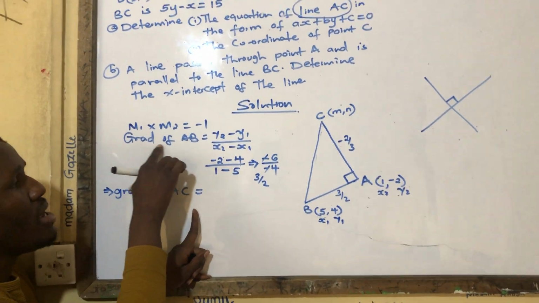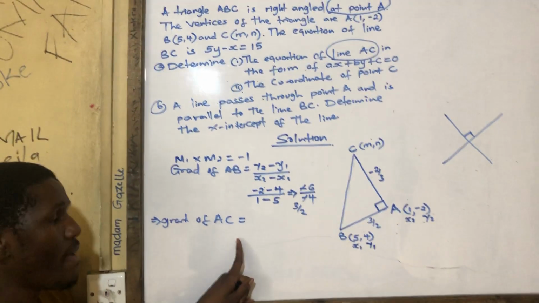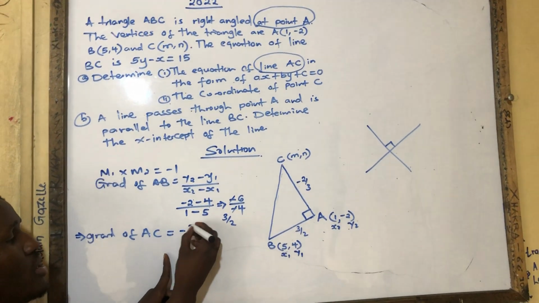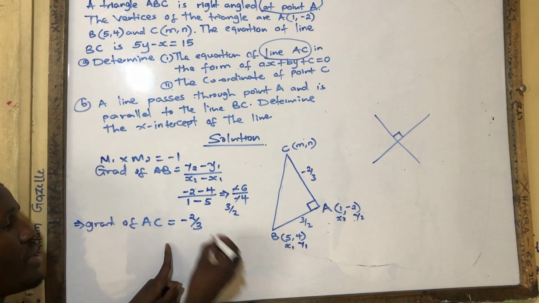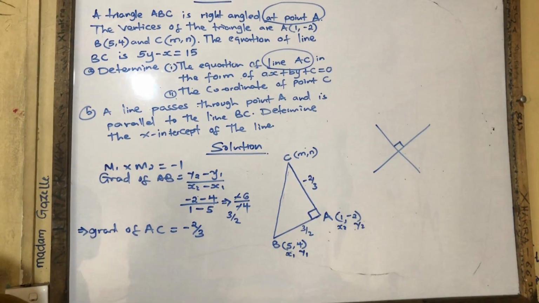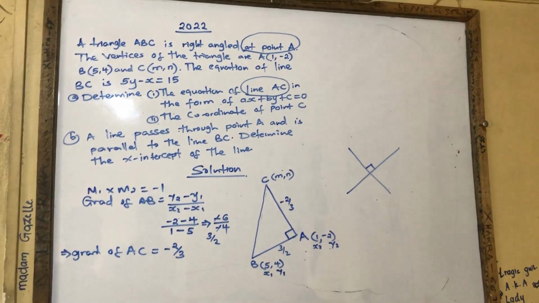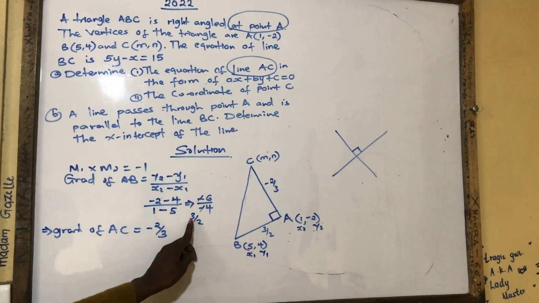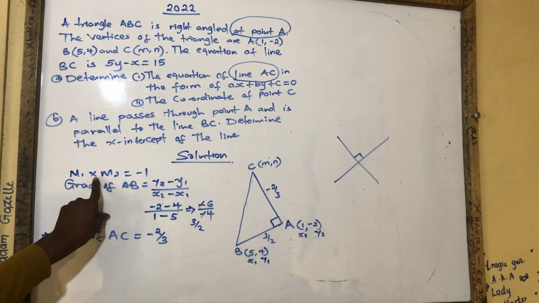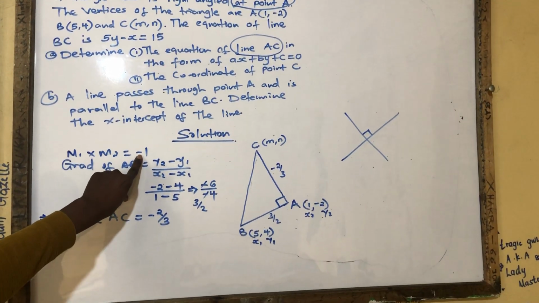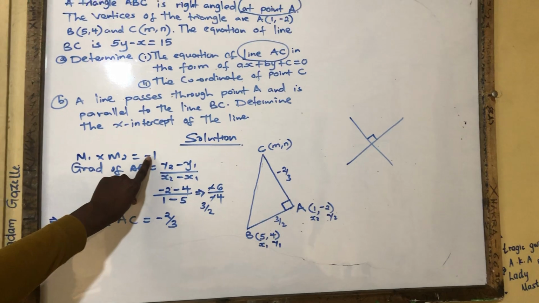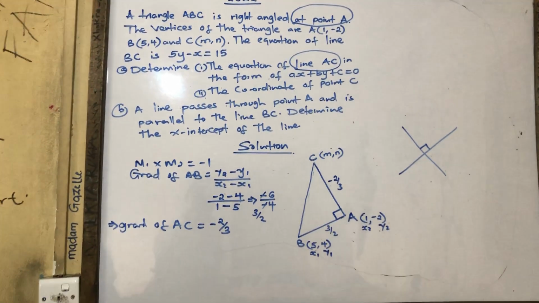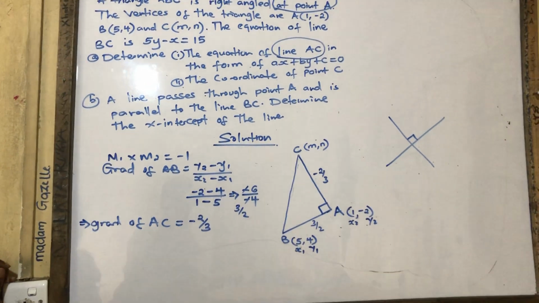So if line AB had a gradient of 3 over 2, then line AC will have a gradient of negative 2 over 3. An exact opposite of what we have there. If you have your calculator, please confirm if this times this will give us a product of negative 1. I suppose it is giving you negative 1.